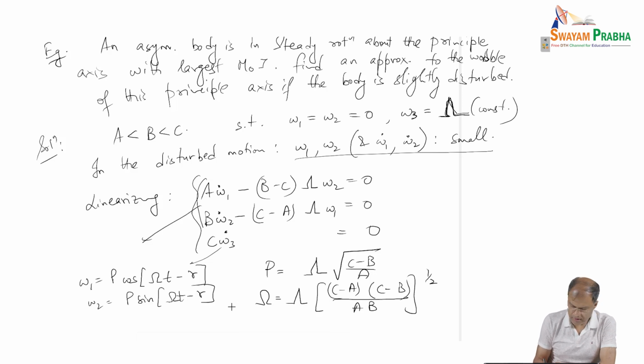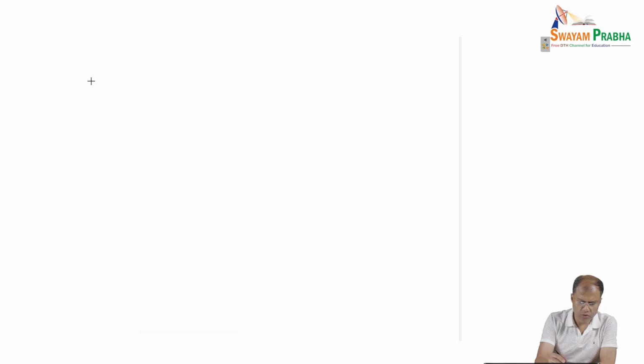Right? So these are my constants, and from here I can quickly find that my angular momentum L1 is a omega 1 and L2 is b omega 2, and from here we can find the position of the various body fitted frame Eis. What we need to find is the motion of the body, that is, the motion of the body fitted frame.